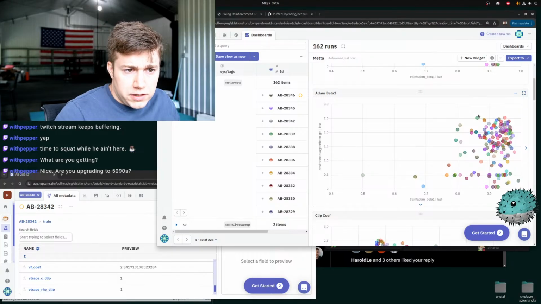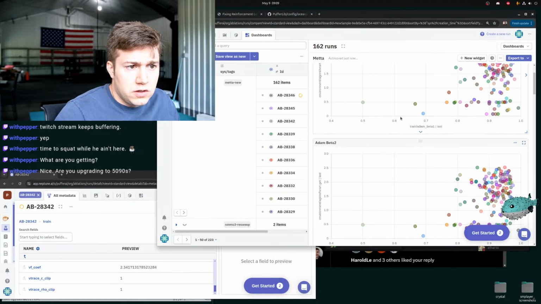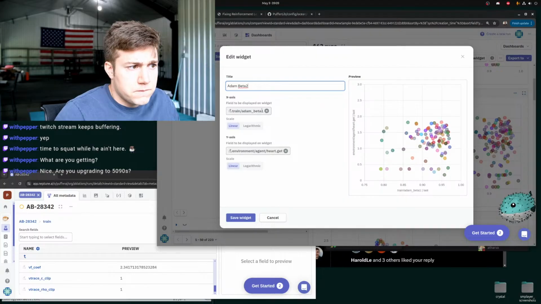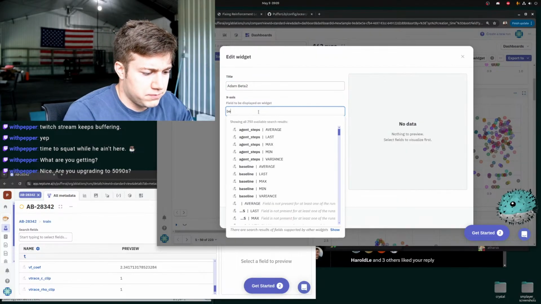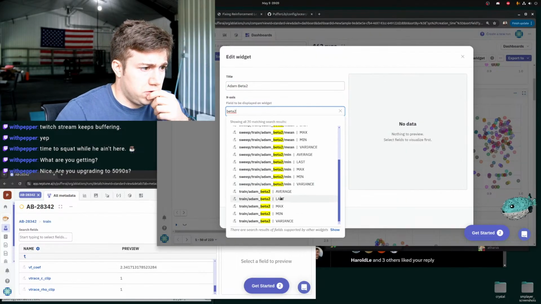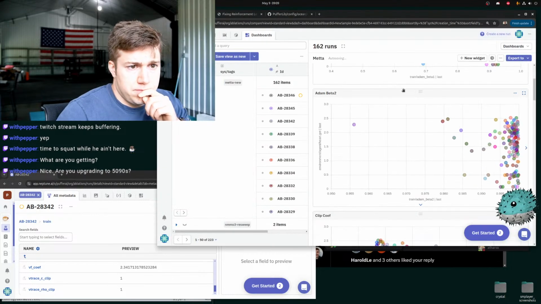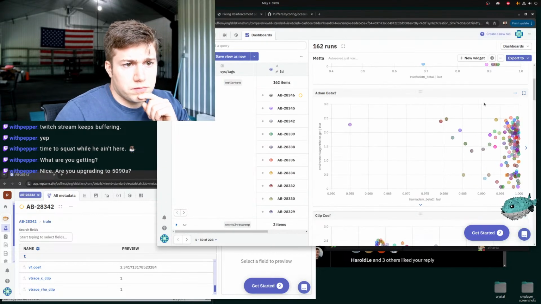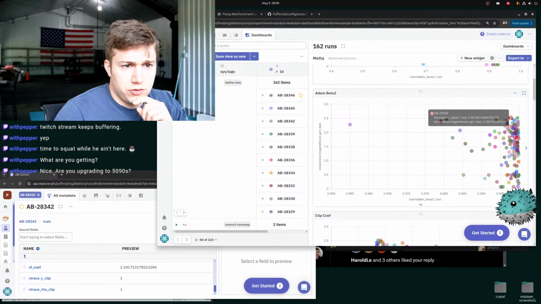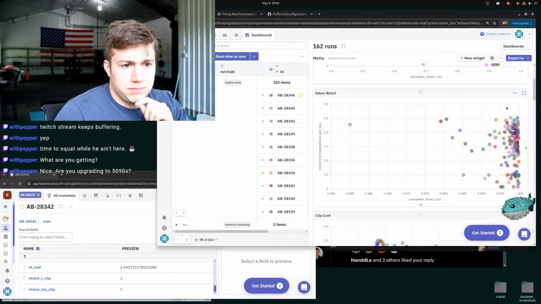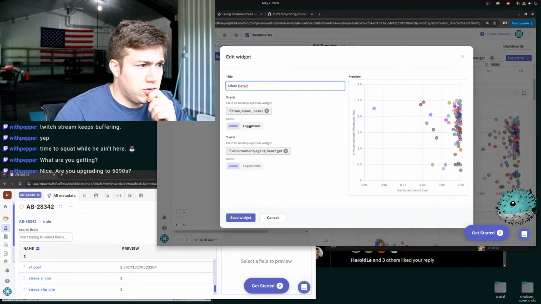Okay. Beta 2. This one is wrong. This is supposed to be atom beta 2 last. There we go. This one does want to be quite close to 1. But hang on, is there a way... Can I do log?